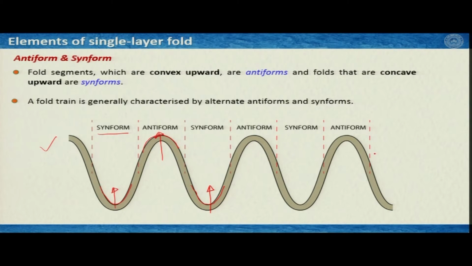So, a synform is where the fold closes downwards, and an antiform is where the fold closes upwards. So, upward closing folds are antiform and downward closing folds are synform. We will talk more about antiform and synform in the next lecture, particularly when we talk about the classification of folding.